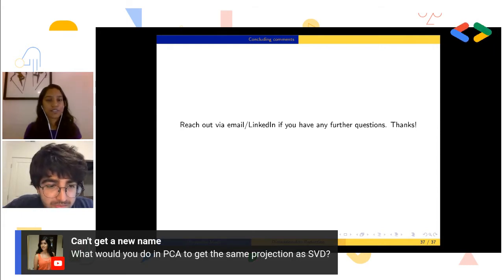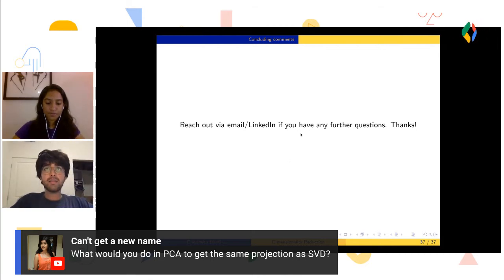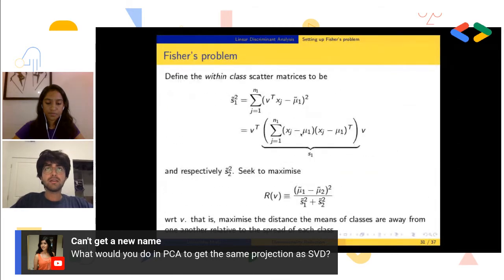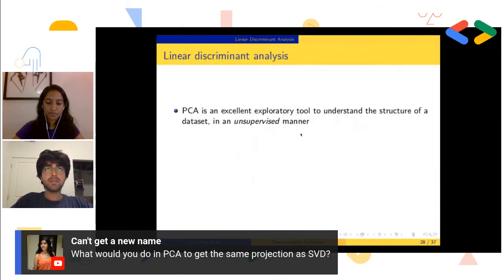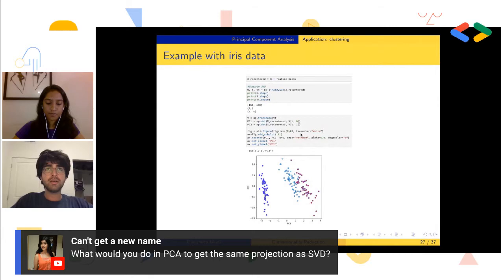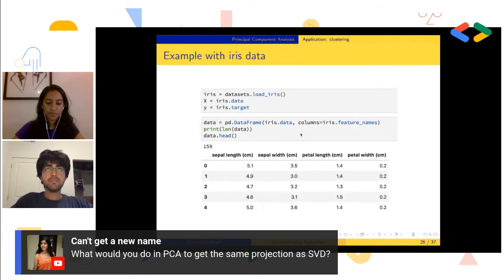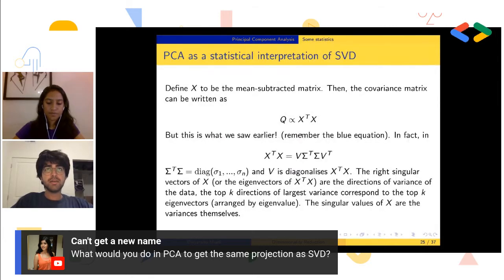So, what would you do in PCA to get the same projection as in SVD? If I understand your question properly, PCA and SVD are slightly different.